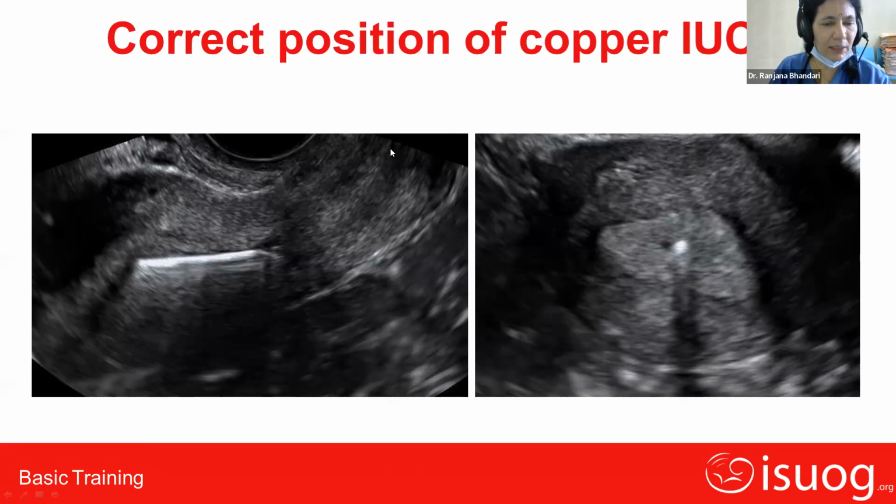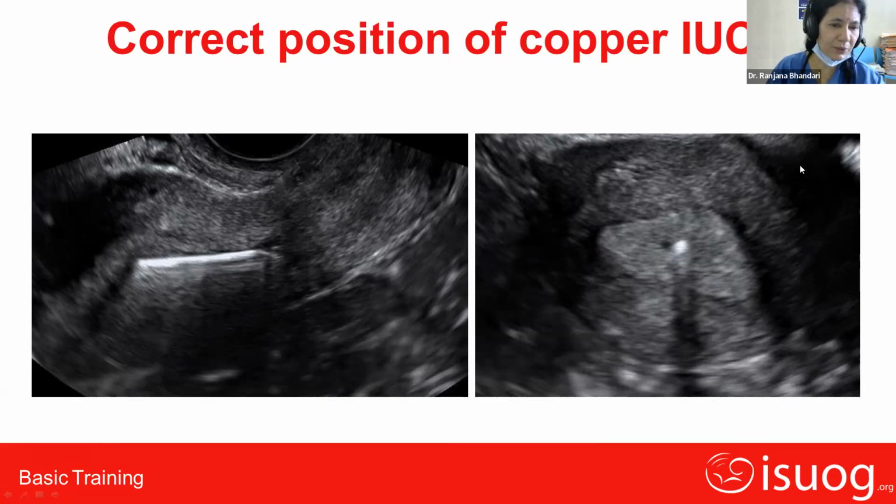But in PPIUCD and PAIUCD, sometimes the thread gets rolled up. And then in the missed thread, they refer the cases for ultrasonography and also for X-ray. But in ultrasonography, we can easily find out whether the IUCD is within the endometrial cavity or within the endometrium and cervix.